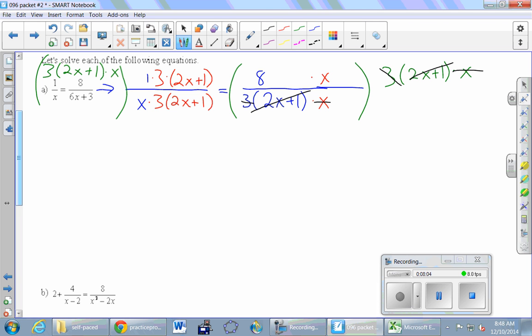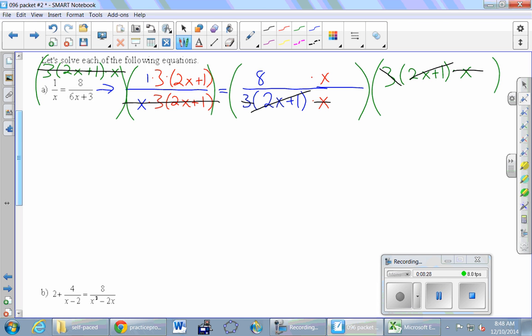That's right, neither side has a denominator because on the left-hand side, this entire thing that we put, you put it there for the sole purpose of getting rid of that entire denominator.